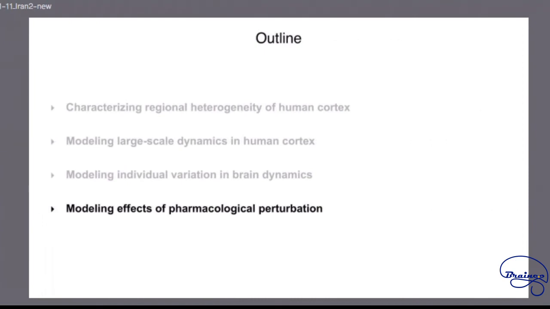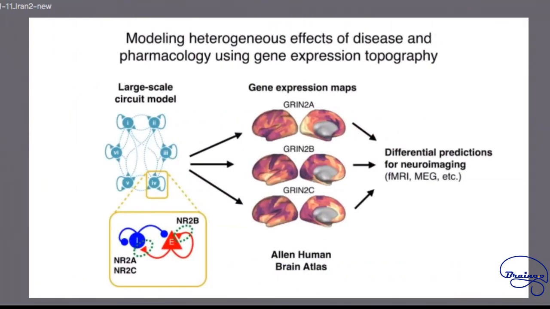Okay, so the last part of the talk is trying to bridge from molecular to systems through pharmacology. The logic there is that we'd like to take this large-scale circuit model, where we have some level of biological detail at the individual node microcircuit level, where we can simulate the effect of a drug at a particular synapse or a specific cell type.